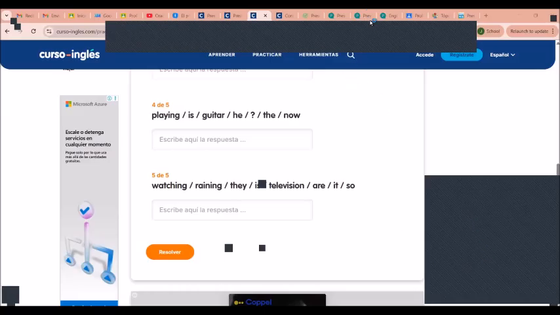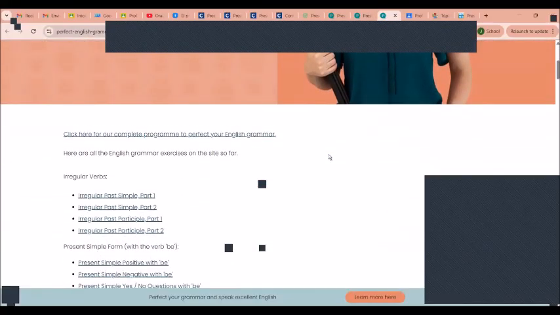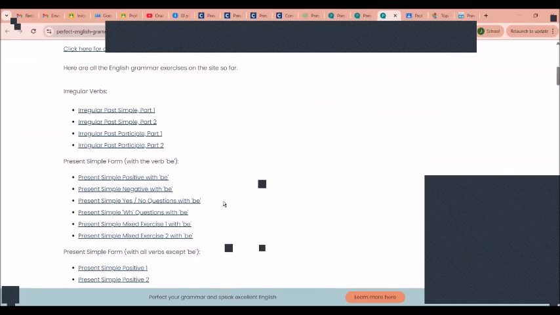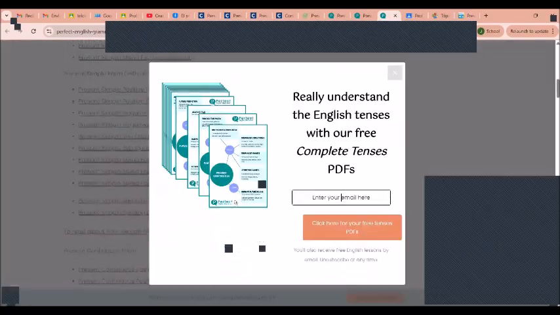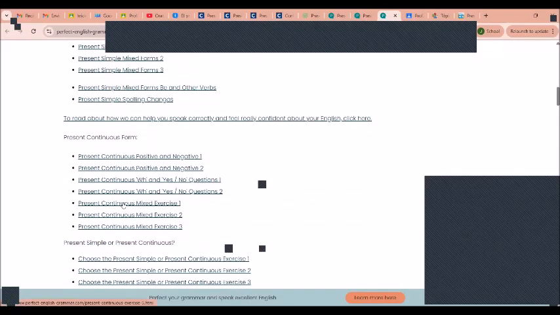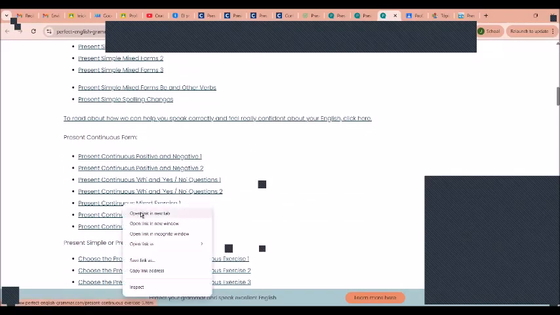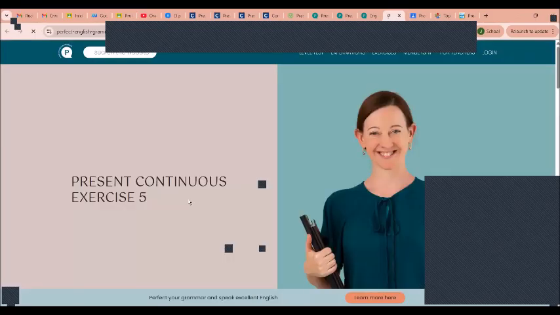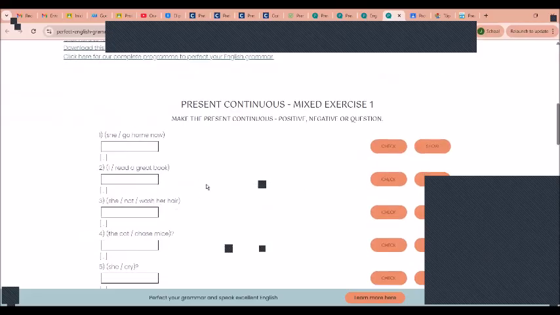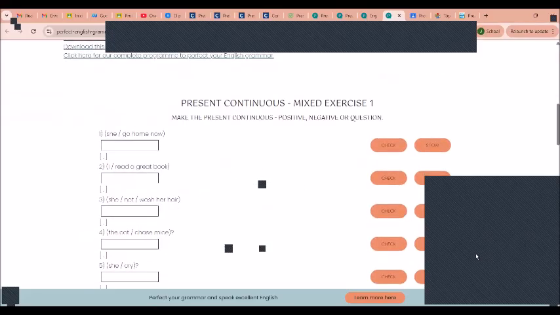All right? Jimena, let's jump over and let's do some more. I'm going to grab some mixed ones. Let's go for some continuous ones with -ing. All right, Jimena.